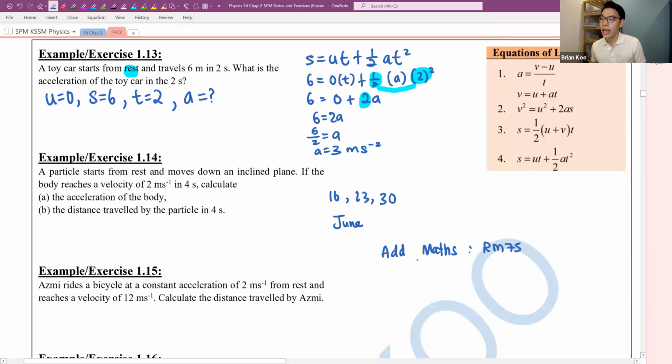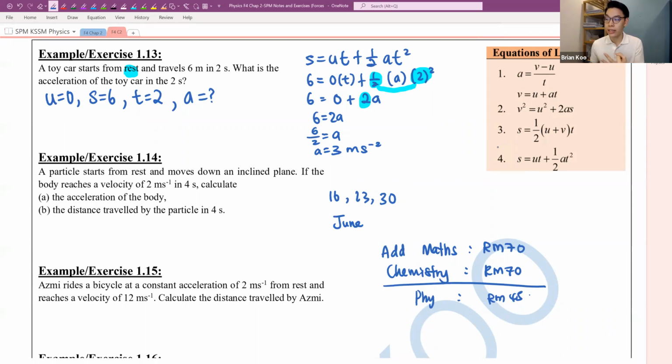And then let's say you are taking chemistry, then you will make it 70 already because of the package price, 2 subjects. But if you have decided to take my physics class, it will just be flat 45 ringgit. Although it's 3 classes, it's supposed to be more, but never mind. It's not going to affect your other subjects, just for June. Just for June, everybody, if you are joining, is just 45 bucks for those 3 classes.